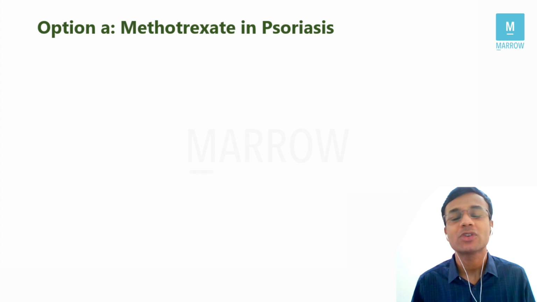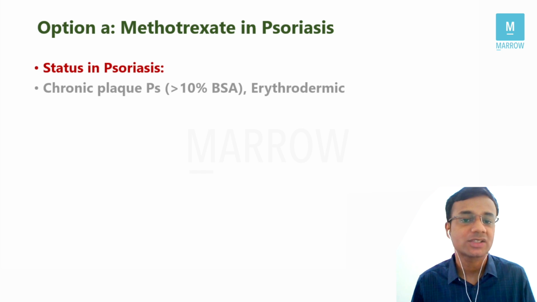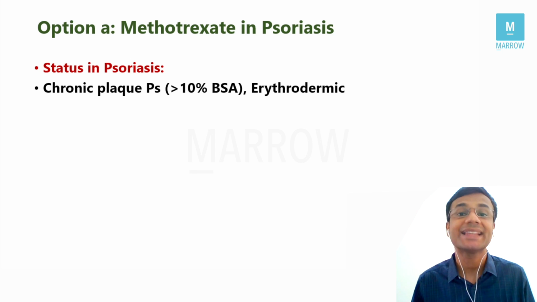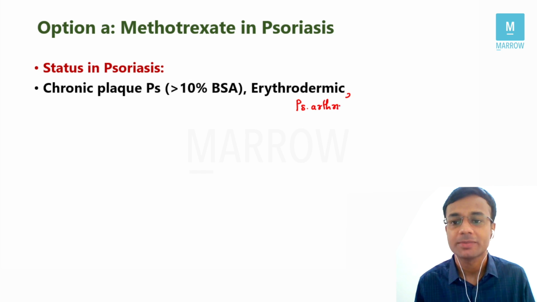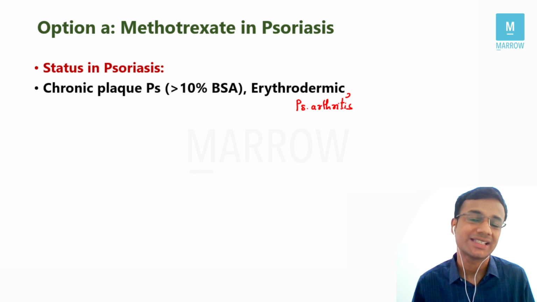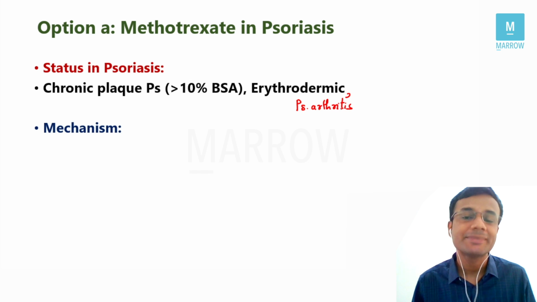Option A was methotrexate. What is its status in psoriasis? Methotrexate is used in chronic plaque psoriasis with more than 10% body surface area. It can be used in the erythrodermic variant of psoriasis. It can also be used in psoriatic arthritis. These are important indications. What is the mechanism of action?